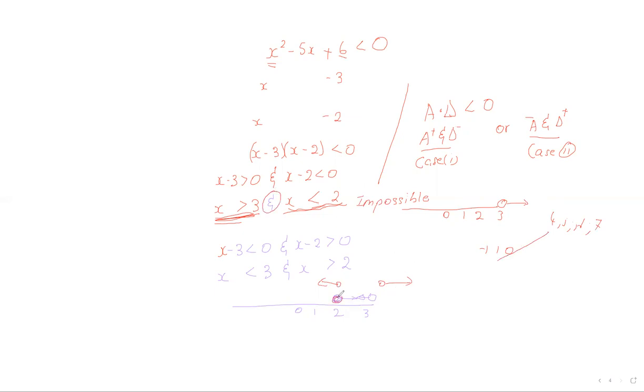Now, your solution will be that you can choose any number here. But because it is less than, it means 3 is not included and 2 is also not included. So the proper presentation on the number line should be this.